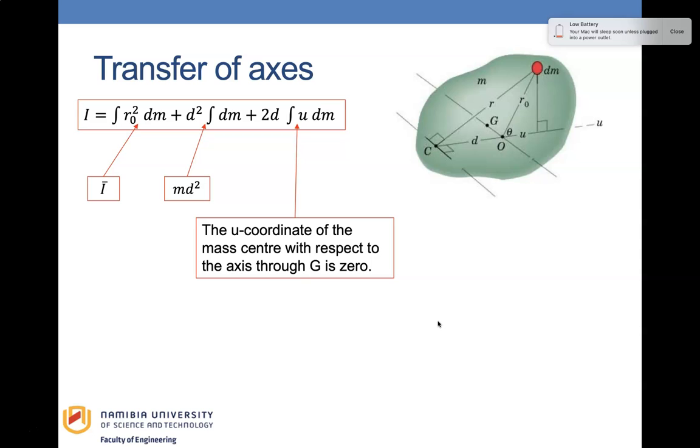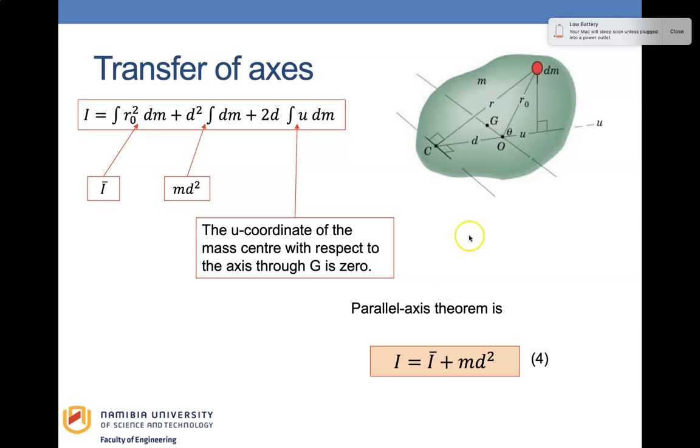Therefore, the parallel axis theorem is I equals the moment of inertia through the mass center plus m d squared. The conditions for this to work are: A, one of the axes must go through the mass center of the body, and B, the axes must be parallel.